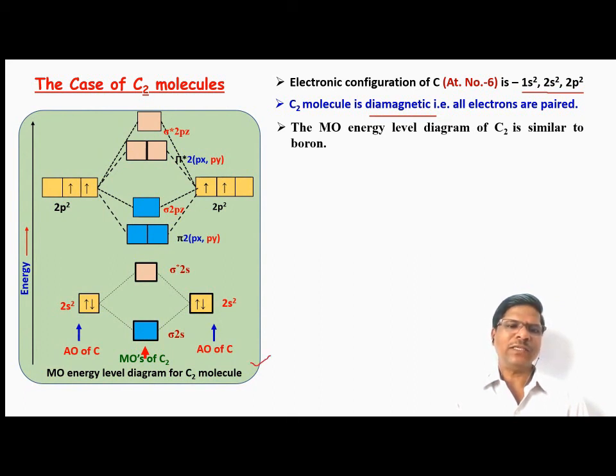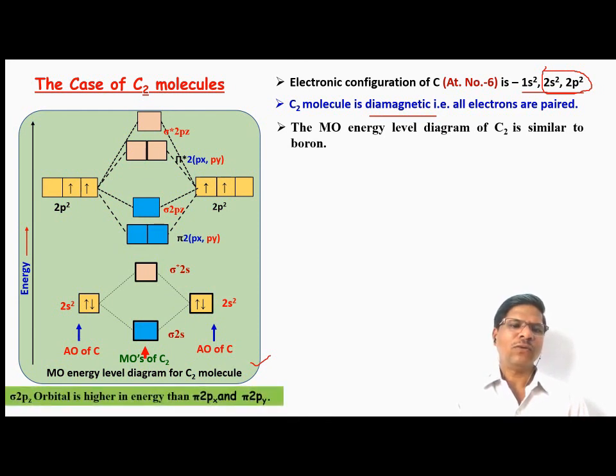And now we'll see the filling of electrons. Totally how many electrons do we have to fill? 2s2, 2p2. So from each carbon atom 4 electrons, and hence totally 8 electrons we have to fill. So we have to fill 8 electrons, 1, 2, 3, 4, 5, 6, 7, 8.